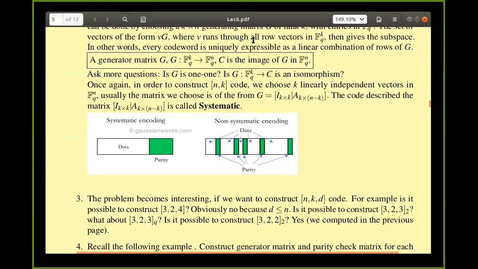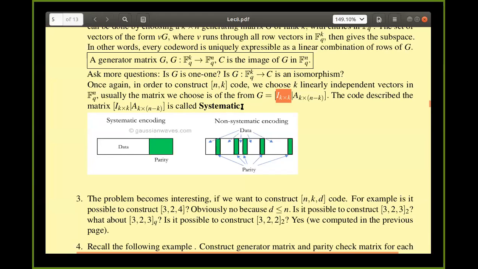So ask again that in order to construct an [n,k] code, we choose k linearly independent vectors in Fq power n. Usually the matrix we choose in such a way that first I will take the k by k identity matrix, then I will append any other columns. Then automatically k linearly independent vectors have already come, right? The code described in this form is called systematic.